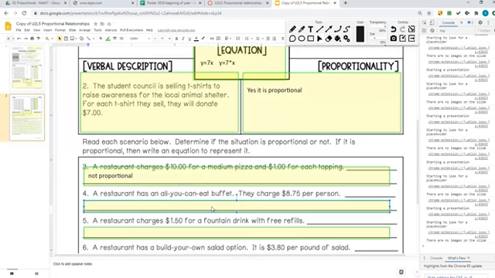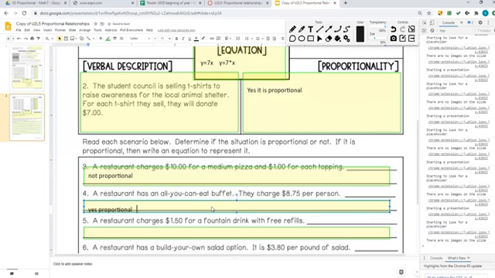Let's read this next one. A restaurant has an all-you-can-eat buffet. They charge $8.75 per person. Go ahead and fill in where you think it's proportional. And yes, it's proportional.